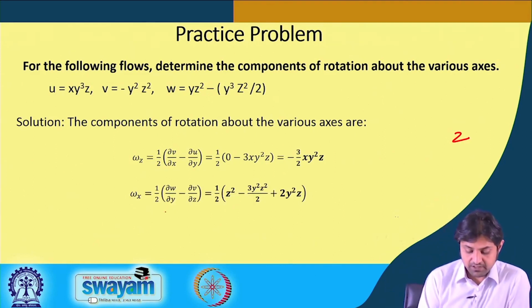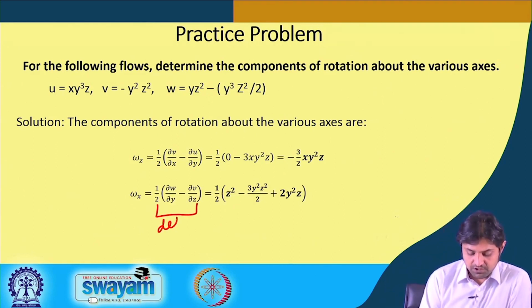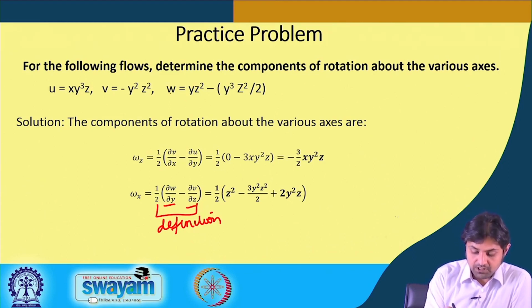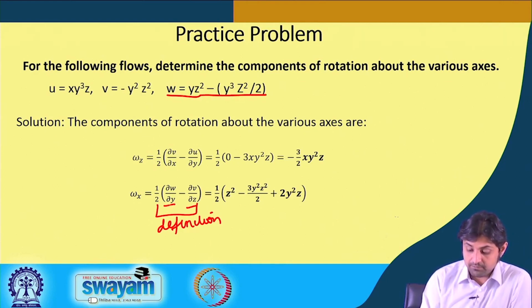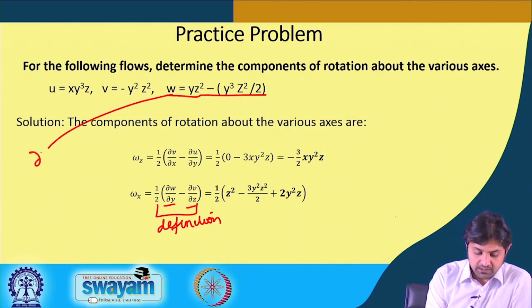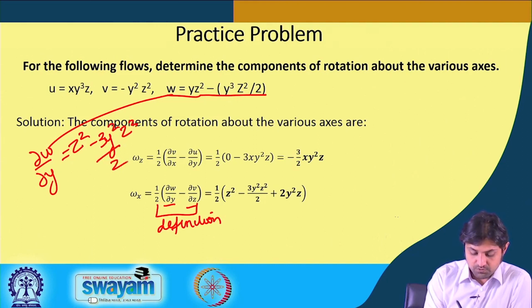Omega x is by definition, again this is a definition, we need to calculate del w del y and del v del z. So let us look at w here. There is a y component. So del w del y can be written as z square minus 3 y square z square by 2, and this is here.